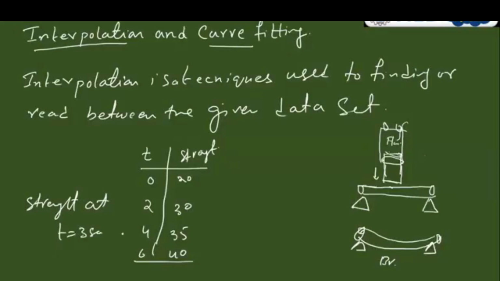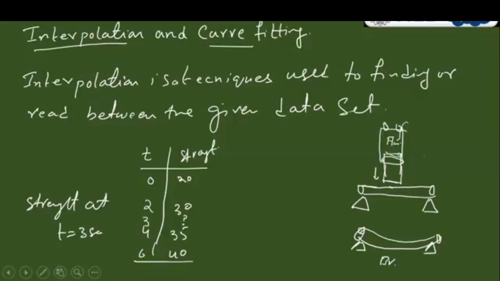I need the strength at t equal to 3 seconds. The data we have says nothing about t equal to 3 seconds. It says something about t equal to 2 seconds and 4 seconds, and no information is available in between. So whatever the strategy, we try to read between the data sets. That is our requirement: if 3 seconds is given, can I read the strength from this data?